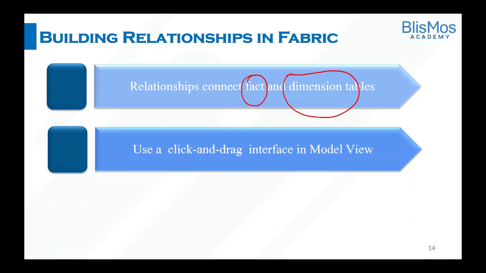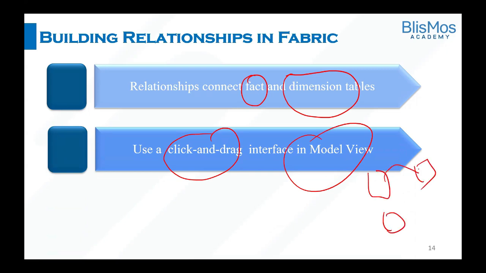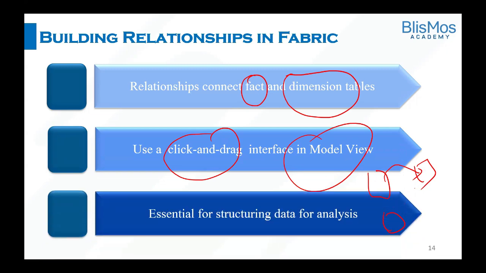And in order to establish the relationship in Fabric, it is just a click and drag in a model. Basically, in the model view, you will have the tables. In order to establish, you have to click and drag. That will establish the relationship between the tables. Okay. So it is very important for us to structure our analysis.